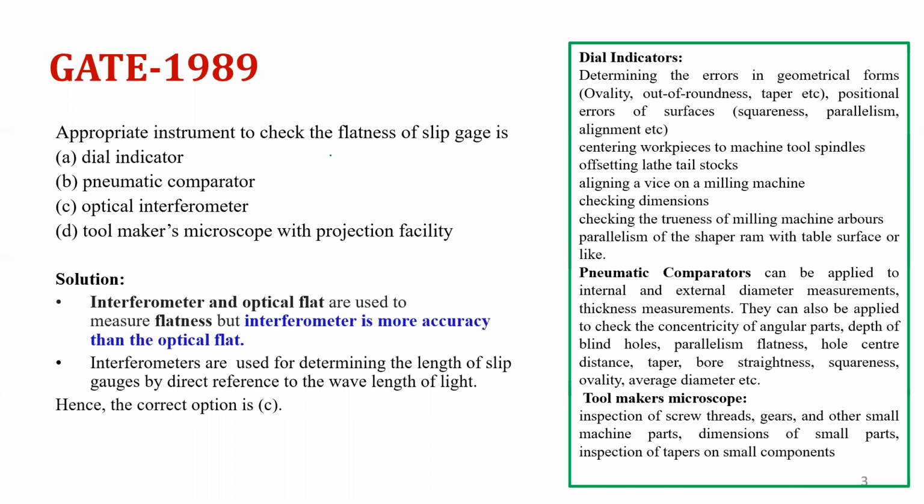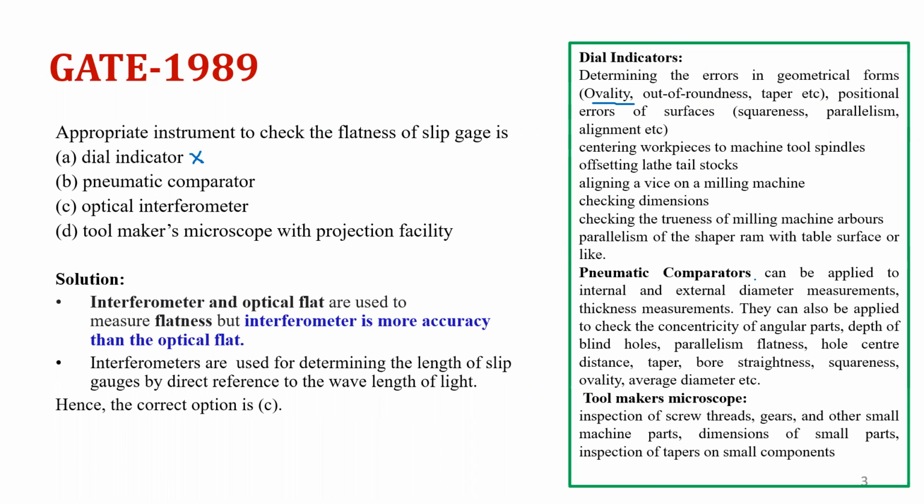So let us see one by one. Here if you see the dial indicator, this can be used for finding the errors in geometrical forms, ovality, out of roundness, taper, etc. So the dial indicators cannot check the flatness of the slip gauge. So it is a wrong option.